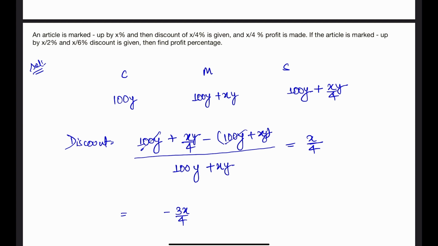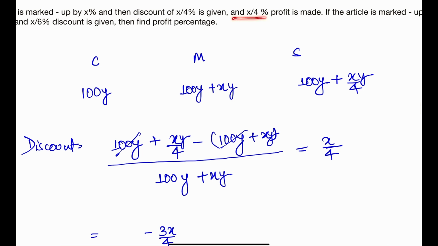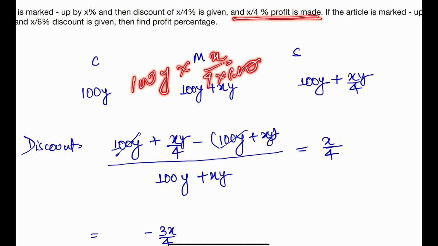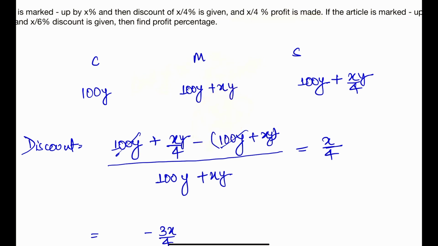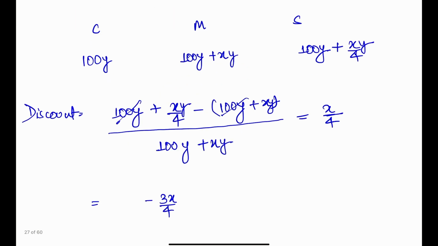And then after this, x by 4 is the profit made, so 100y into x by 4 into 100, the 100 will go away, so xy by 4 is the profit. So my selling price will be 100y plus xy by 4. And then discount, okay, this is a blunder, I always do blunders at this place.